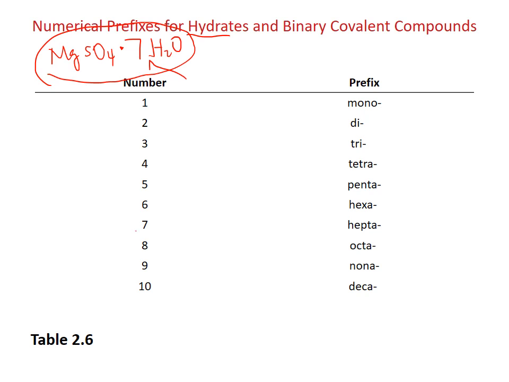If you have 7, we say hepta, so it's heptahydrate. If you have one water molecule, you say monohydrate. Di, tri is 3, tetra is 4, 5 penta, 6 hexa, 7 hepta, 8 octa, so octahydrate, and nona is 9, 10 is deca.